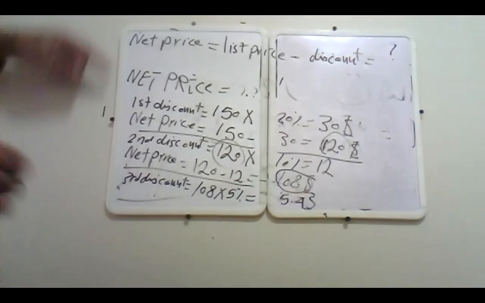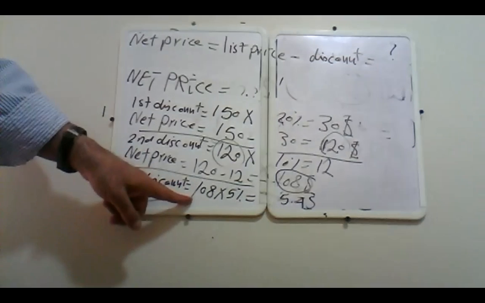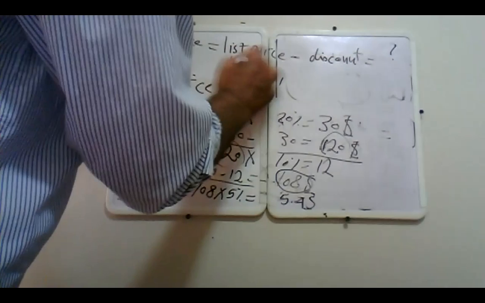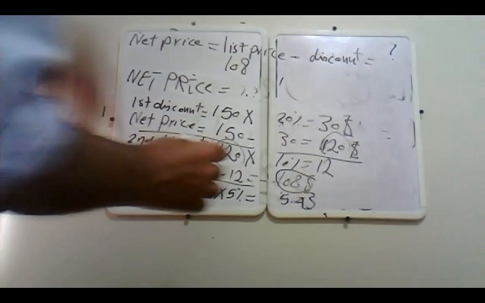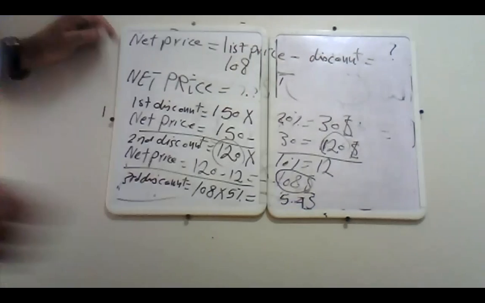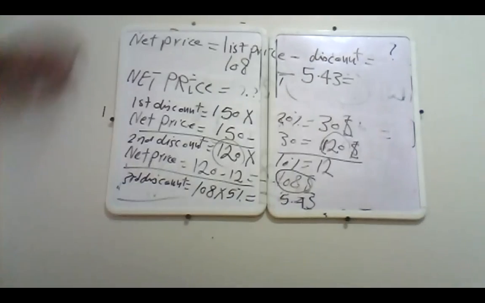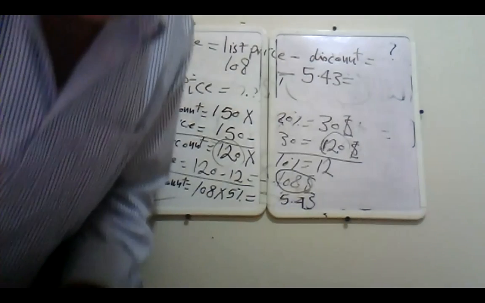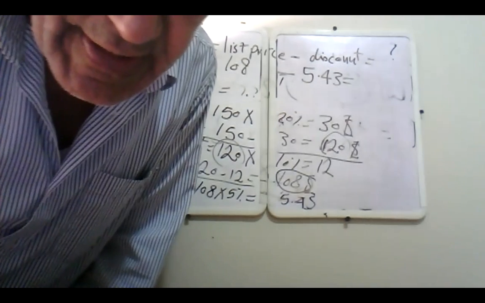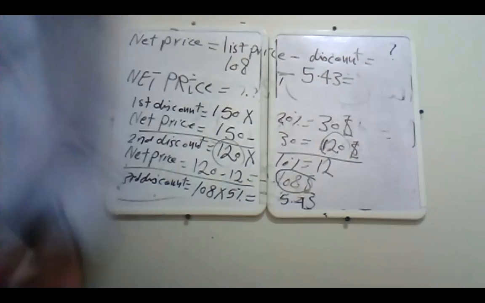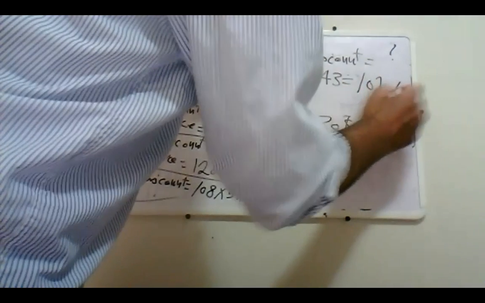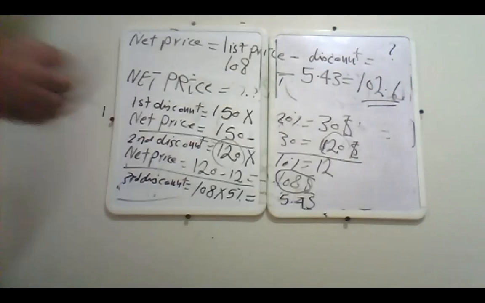Okay, that comes to list price 108 minus $5.40. That will equal, at the end of the example, the result of $102.6.